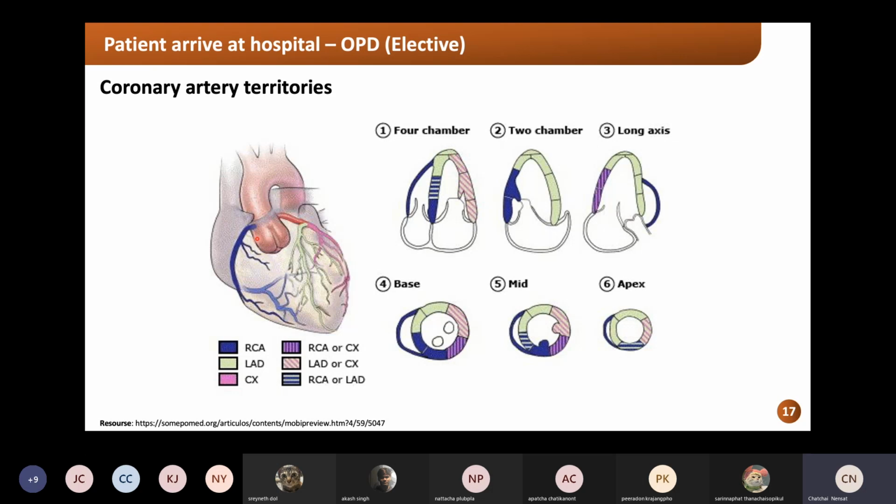But anyway, the major role of the LAD, or left anterior descending, is to serve the septal band and the anterior part of the left ventricle.